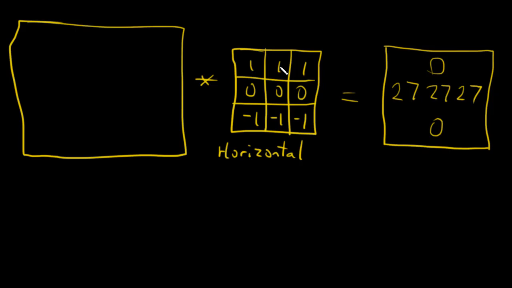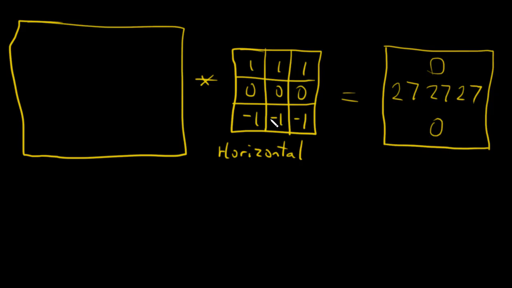We can get all the vertical ones with one filter and then put another filter in to get all the horizontal transitions. And you can imagine there are all sorts of filters. You can get very complicated and use things that aren't just 3x3s.